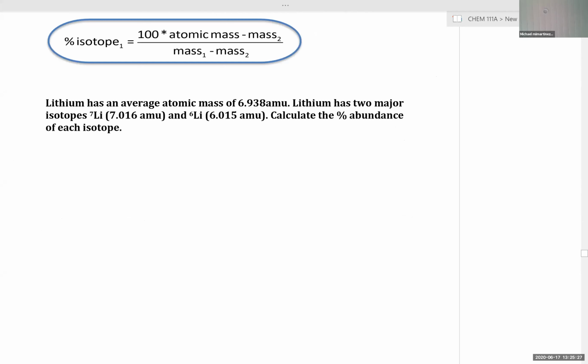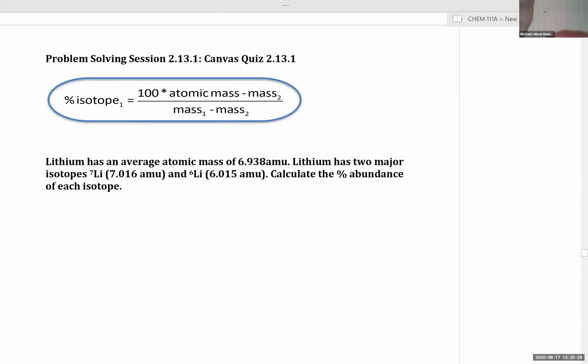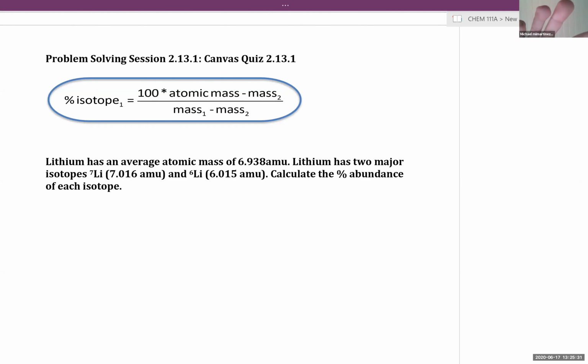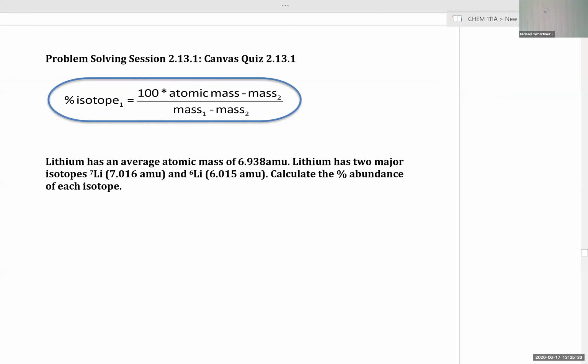So let's now try an example on our own. This is pretty similar to what you may see on a quiz or exam. So let's try to tackle this problem, except this equation would be absent. I'm getting people used to using this equation and this thought process. But you want to understand how we created this equation, so that way on an exam, it's easier to recall.